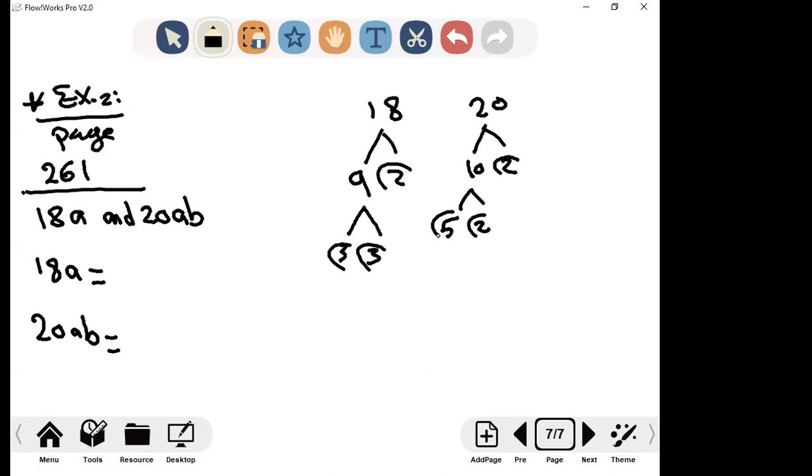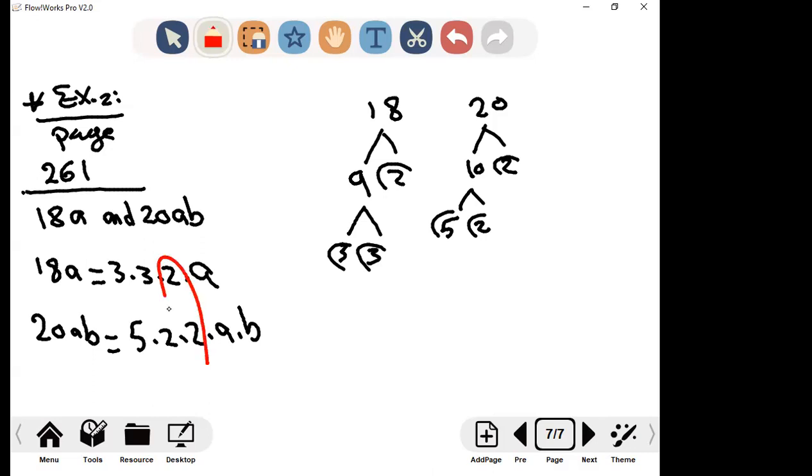Now you go back here and put your numbers. 18a is 3 by 3 by 2 by a. Don't forget the a. 20ab is 5 by 2 by 2 by a by b, right? Now we select the common.